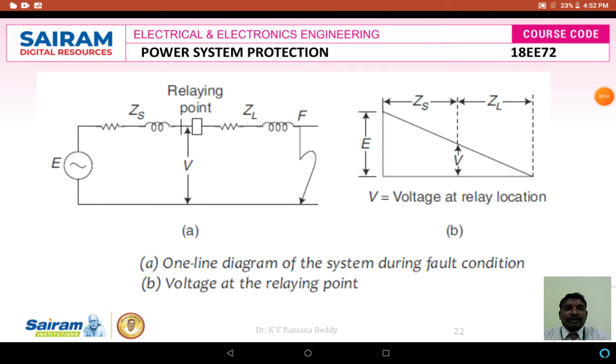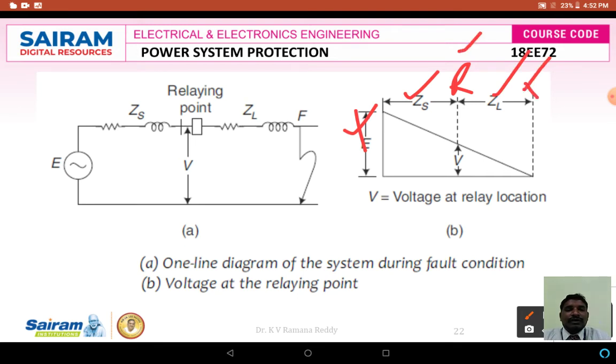Here E is the source voltage, Zs is the source impedance from the location of the relay to the source, and ZL is the impedance from the relay location to the fault location F. V is the voltage at the relay location.